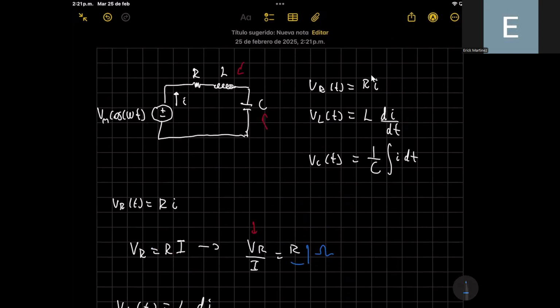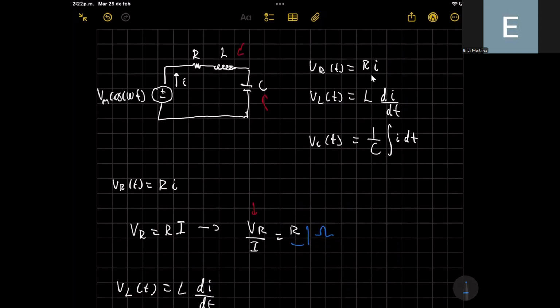Instead of working with derivatives or integrals, we can compute the impedance of each element and solve the circuit using algebra. We do not require the use of these integral differential equations. That is the approach that we need.